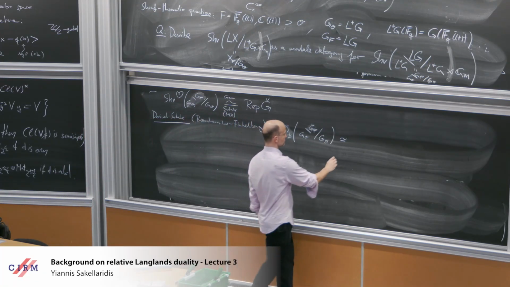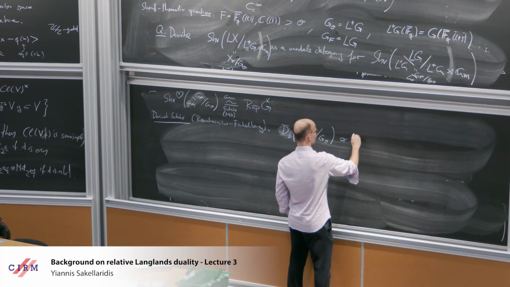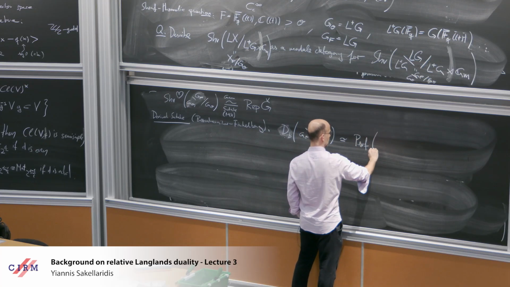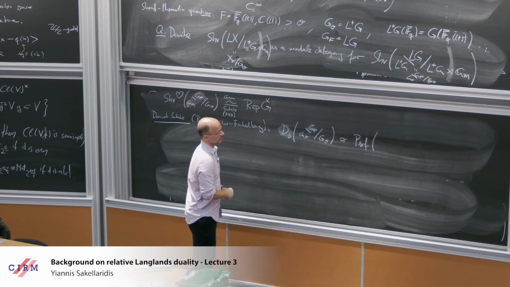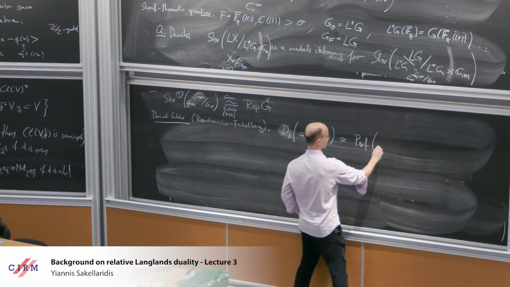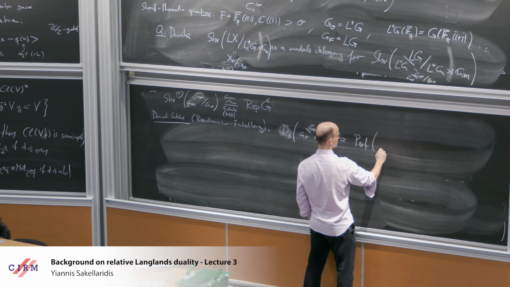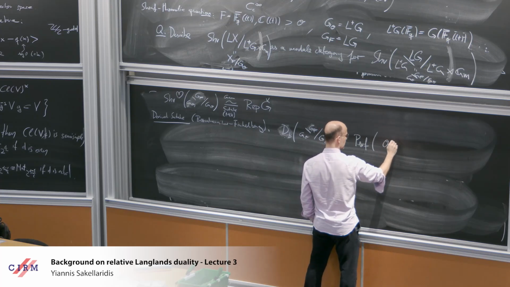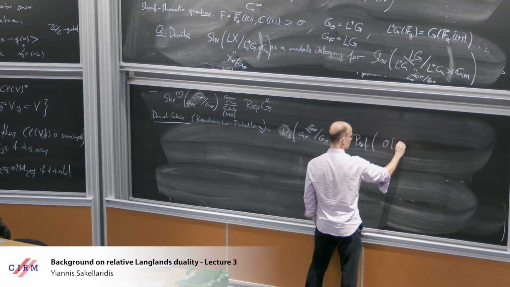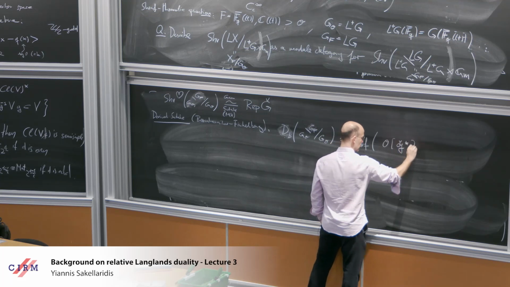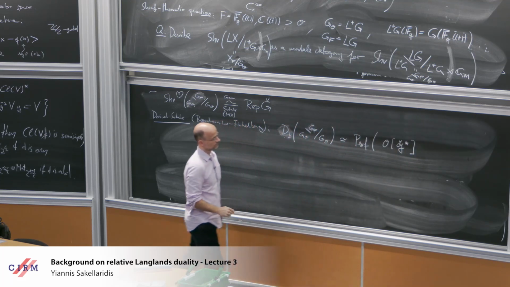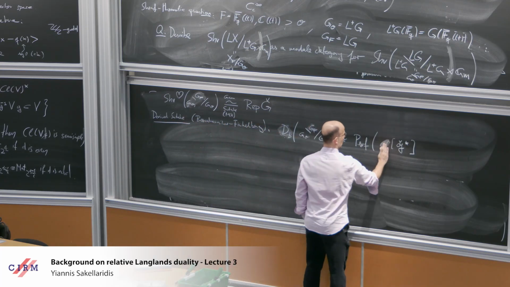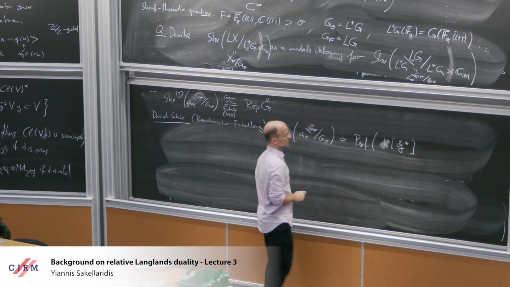Then this is equivalent to perfect complexes of modules for a certain algebra, which is the algebra of functions on the dual Lie algebra, on the dual of the dual Lie algebra.